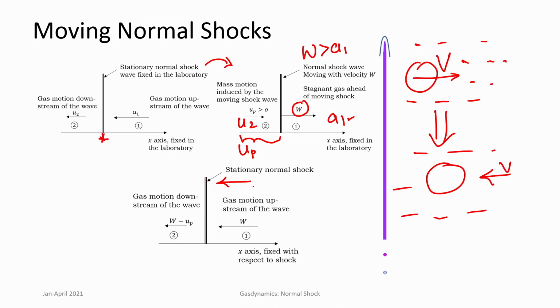So, the moving normal shock is in the laboratory fixed frame of reference, while the stationary normal shock is in the moving frame of reference. So, there we have applied a motion in the opposite direction. So, we have applied a transformation. That means whatever was up over here now gets converted to w minus up, right.